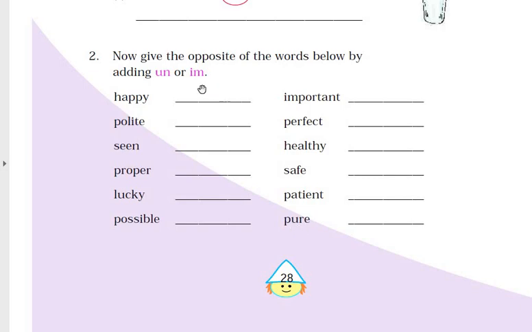Pure, impure. Okay, let us continue with the rest of the words. Important, unimportant, healthy, unhealthy, safe, unsafe, patient, we have already discussed, impatient, and pure, impure. Okay, I hope that's clear.